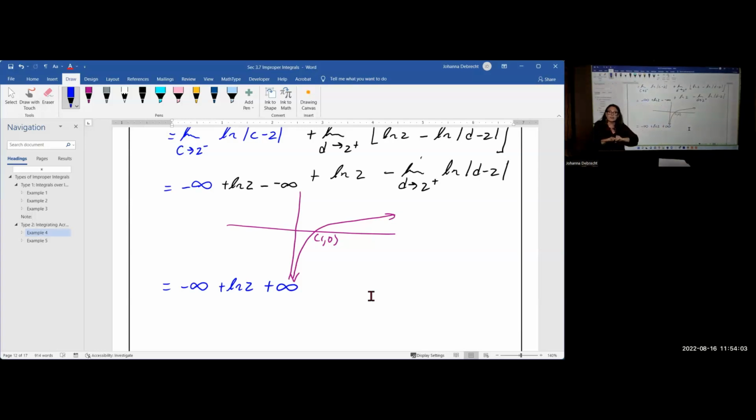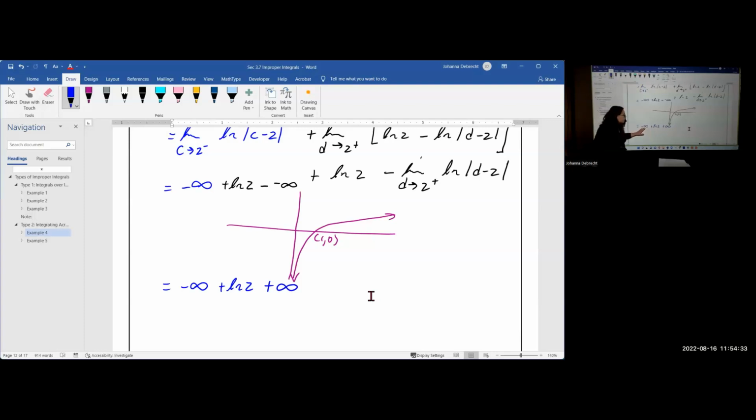So there are different sizes of infinity. And if this is stronger than that one, it'll pull it towards positive infinity. But if this one is stronger than that one, it'll pull it to negative infinity. But if they're roughly the same size, they could cancel each other out and stop at any finite real number, which means there's no unique answer here. I can't say what the result is going to be.